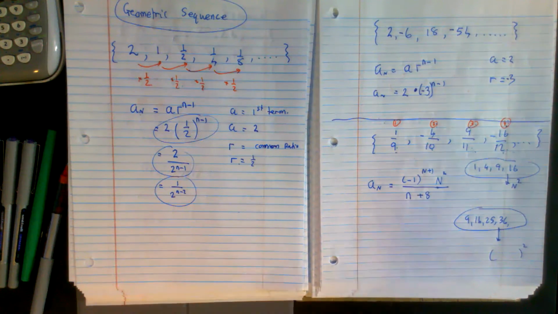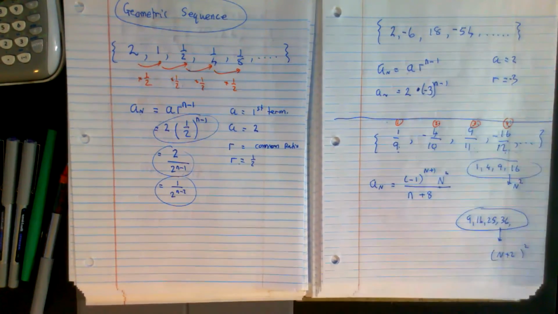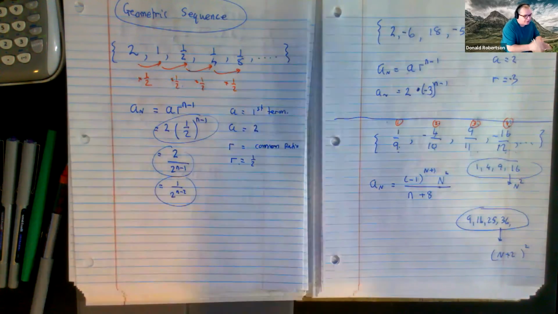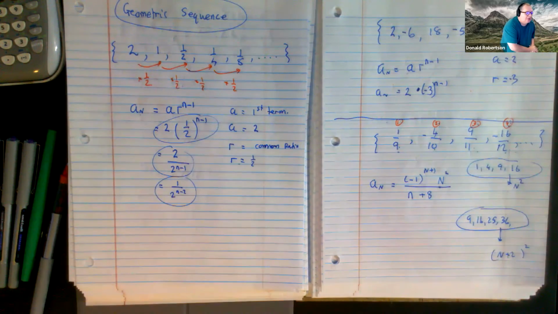That would just be n plus 2 squared. Right. So sometimes you get a pattern, but it's kind of missing the first term or two, right? It's out of sync. And when that happens, don't you basically just add or subtract 1 or 2 and you can sync it up.